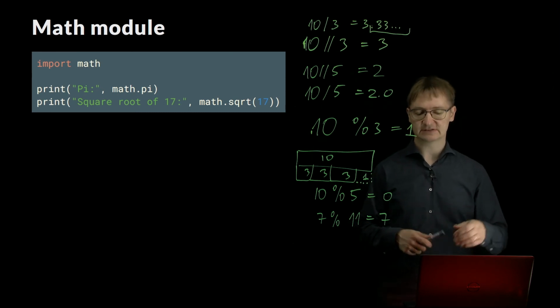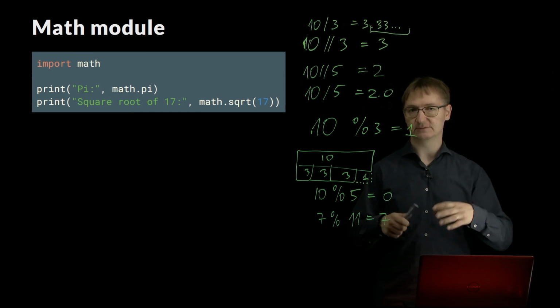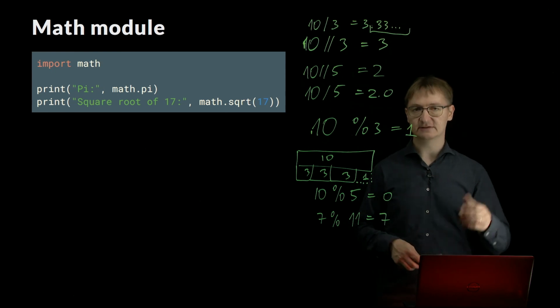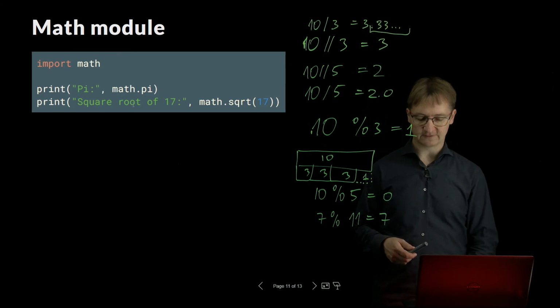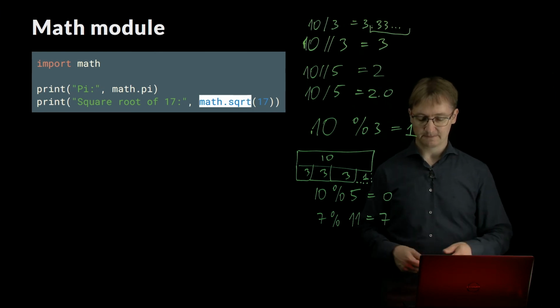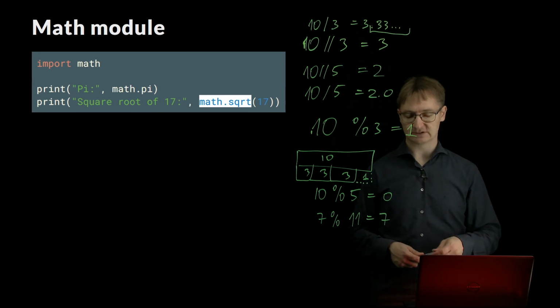And now what happens is that it finds a module named math from the Python built-in modules, and it is included in our code. So now I can use different variables from this math, for example pi, the value of pi, or I can use different functions, for example square root here. And we cannot do it without this import.